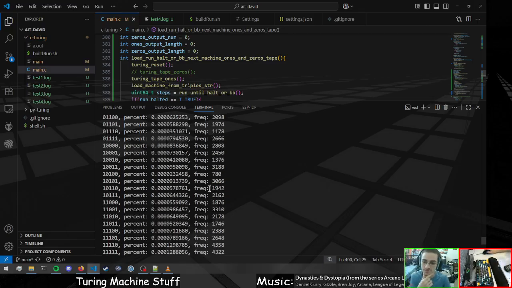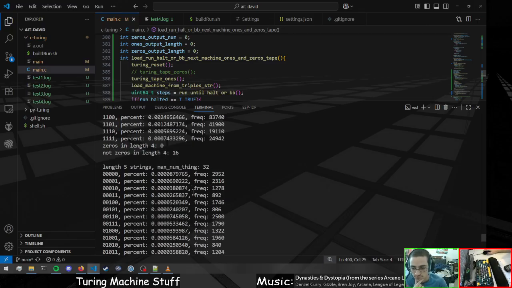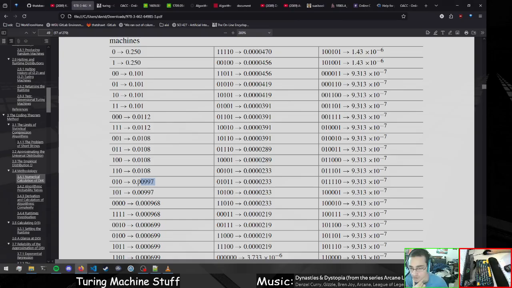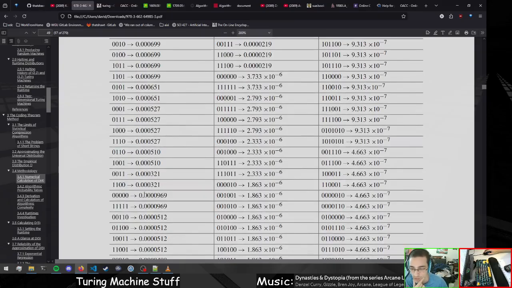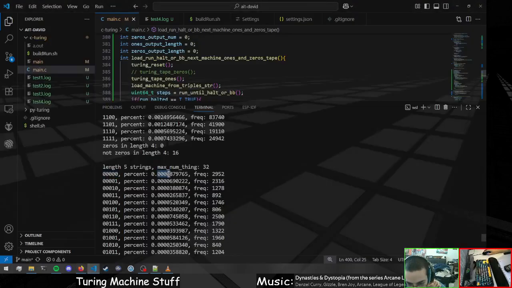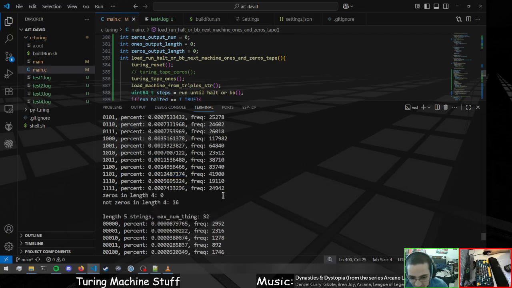What about this? Length 5, 0, 0, 0. Let's look at that one. What's this? 4 zeros and a 9. I got 4 zeros and an 8. Come on, it's so close.